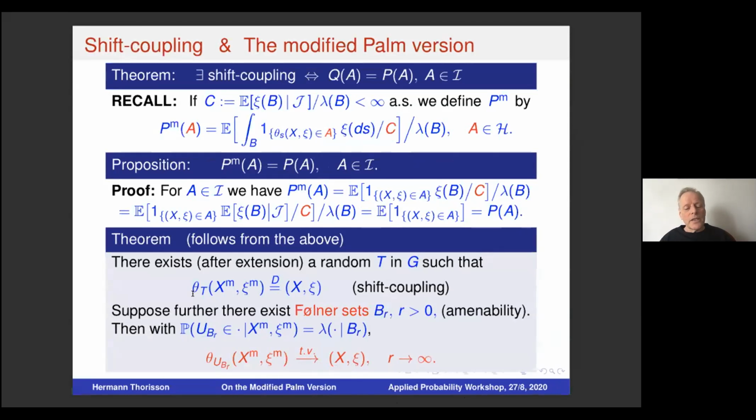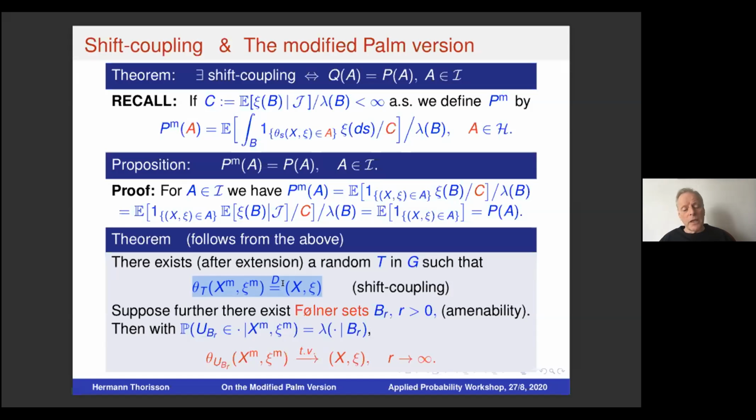This is the result of the shift coupling theory: there exists a random location in G such that if we shift the origin to that location, the modified pair has the same distribution as the stationary pair.